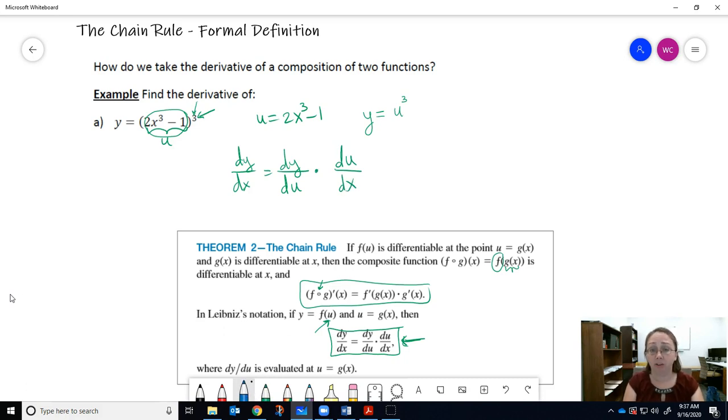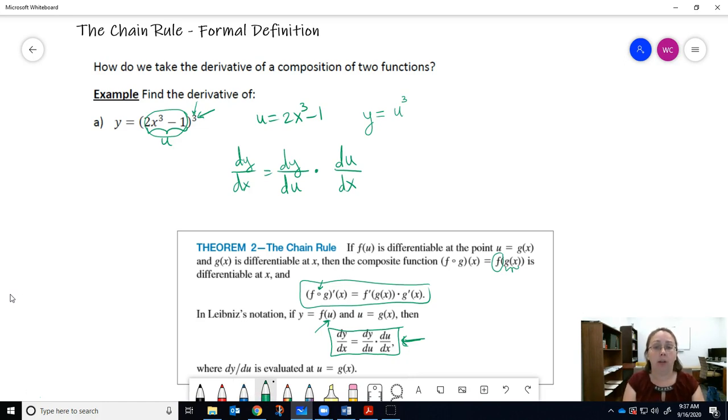Notice, in terms of algebra, if you cancel the du's, you're left with dy dx, which is really what we want. Don't do that though, because that means you're going back. So we've put in the u, we've brought in the u to separate the two function operations so that we can worry about their derivatives separately.